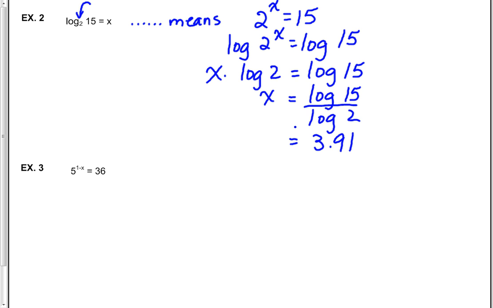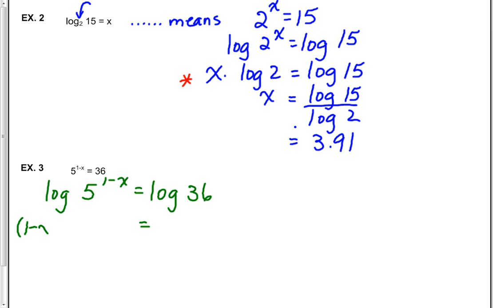The reason why we do this, we will get into a little later, but this is the method we would use to solve. Example number 3: 5 to the 1 minus x equals 36. I'm going to take the log of both sides. For the second line, I can take that exponent down.